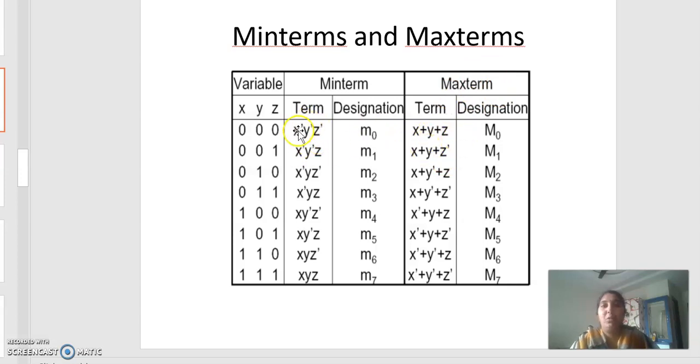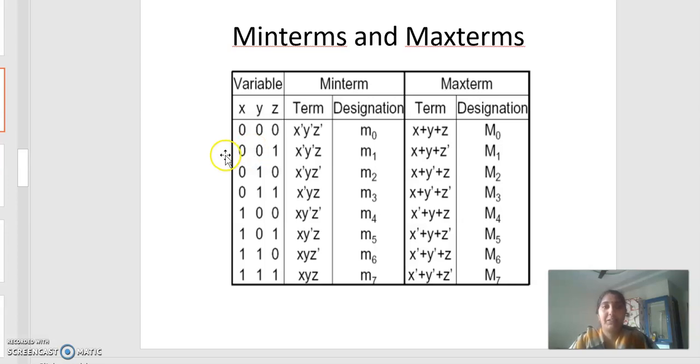We need to write down the product term such that the product term value will be equal to 1. So to get the 1, we should consider these variable values either directly or as complement variables.